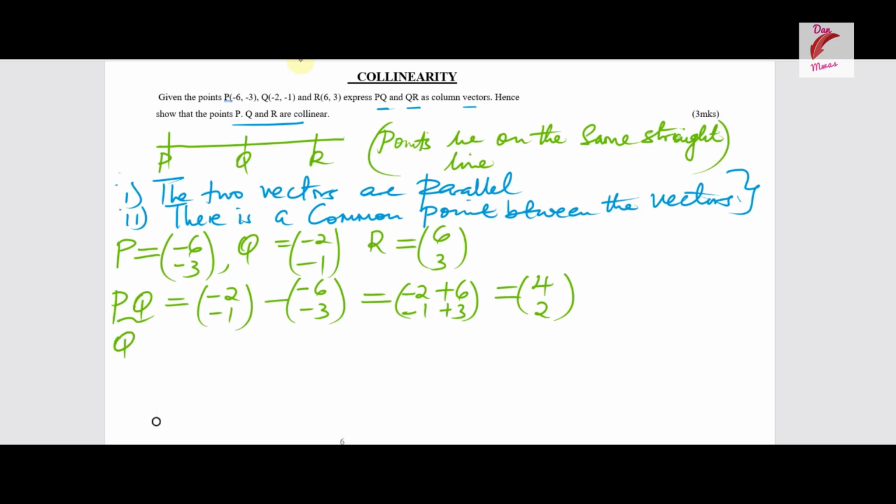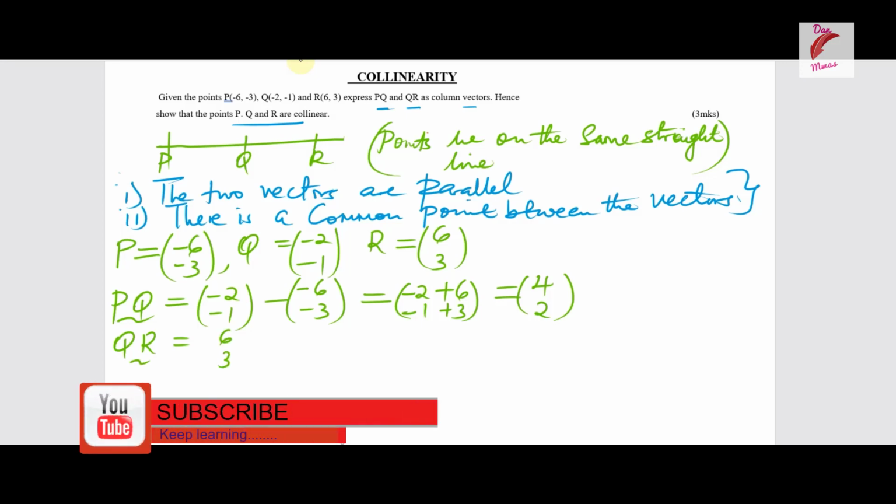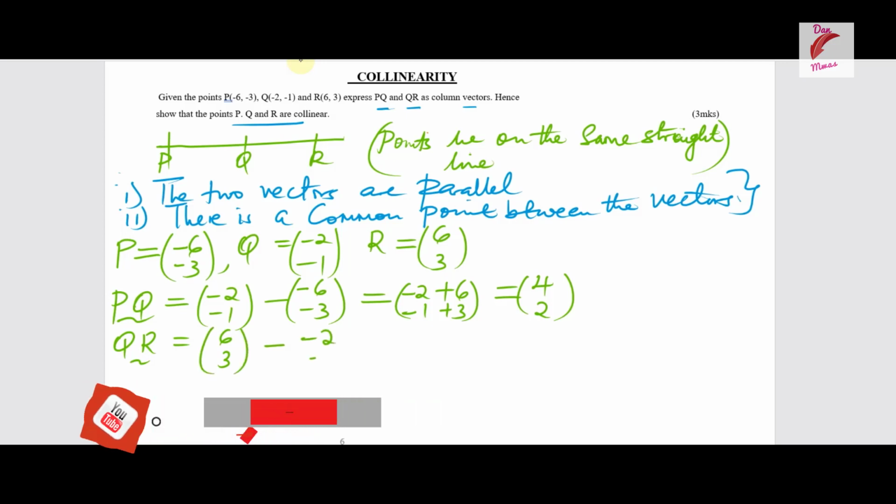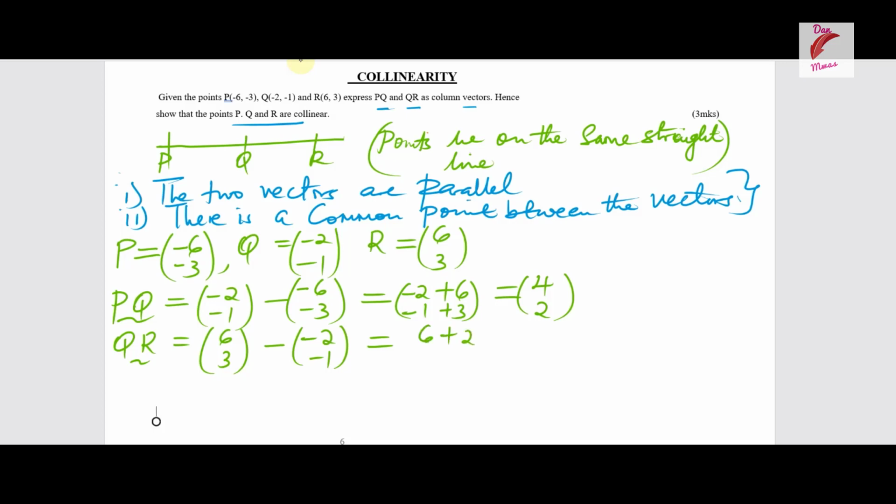Let's go to QR. Get vector R, which is (6, 3), subtract Q, which is (-2, -1). So this one gives 6 subtract -2, which is 6 plus 2, and 3 subtract -1, which is 3 plus 1.